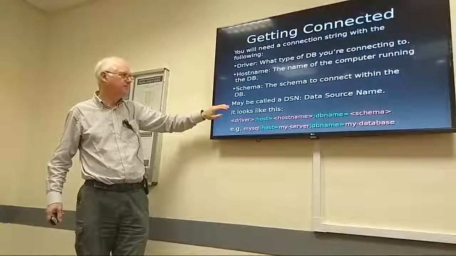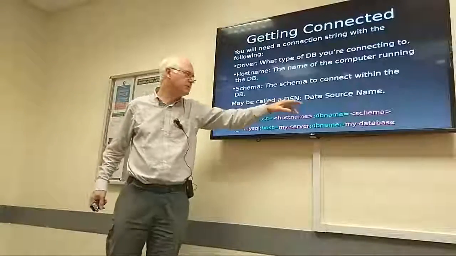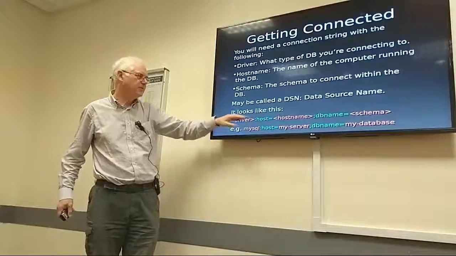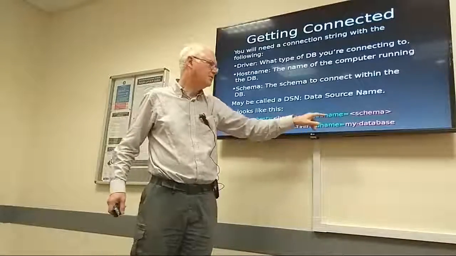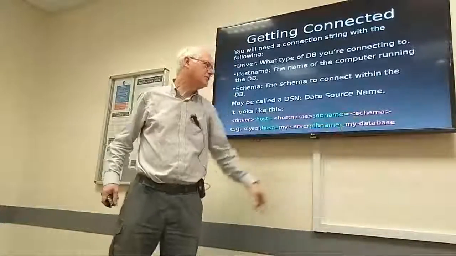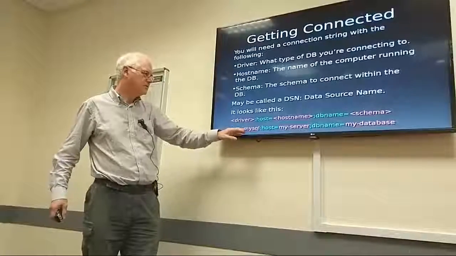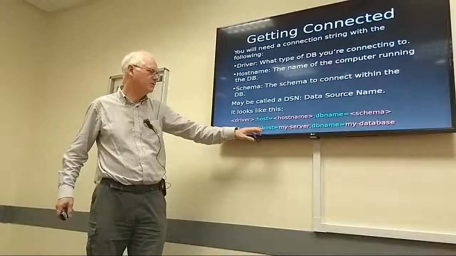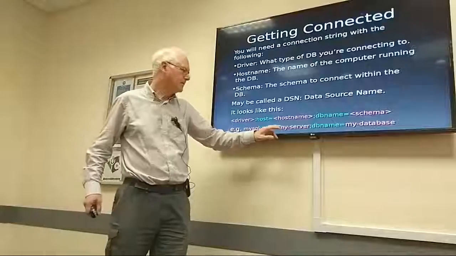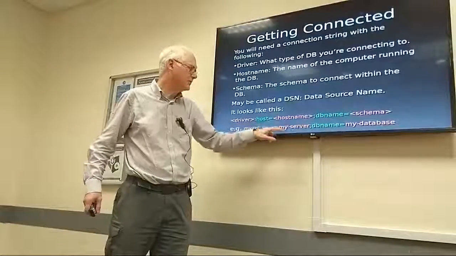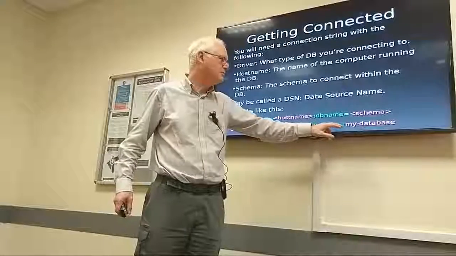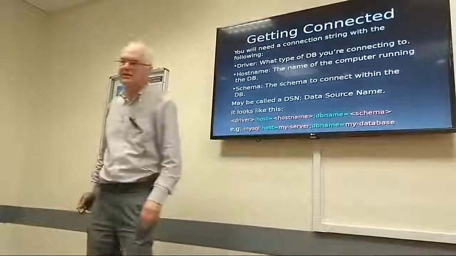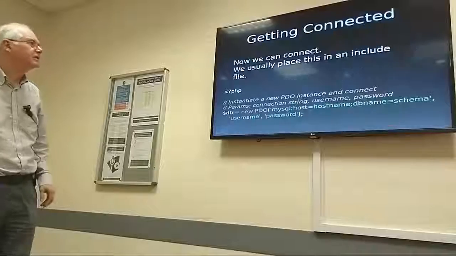This might be called a data source name, and it will look like this: whatever the driver is, host equals host name, semicolon, dbname equals schema. For example, mysql, host equals whatever your server is, semicolon, dbname equals whatever your schema name is. That's the format of it.